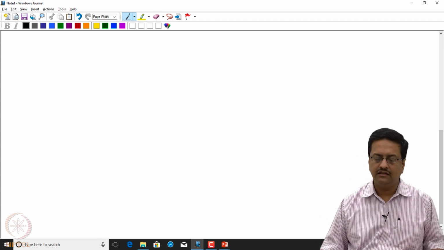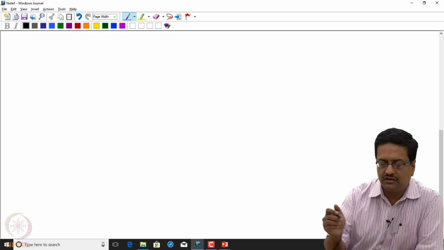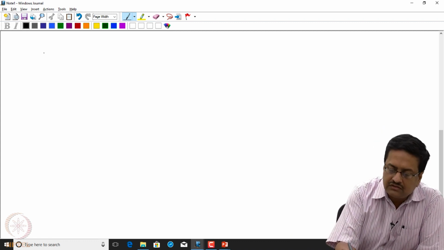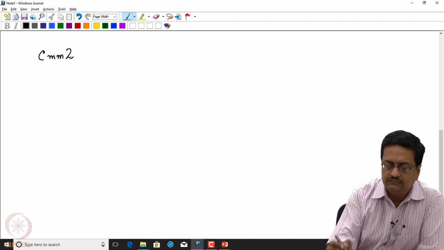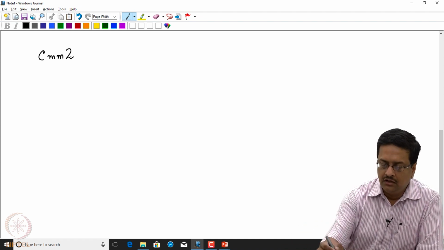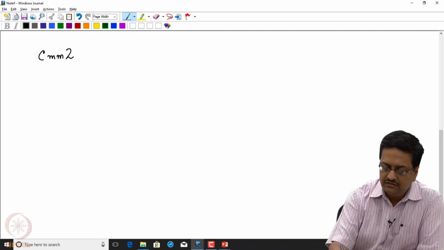Now let us see a C-centered lattice in orthorhombic. Let us see how one should draw CMM2. What does it mean?